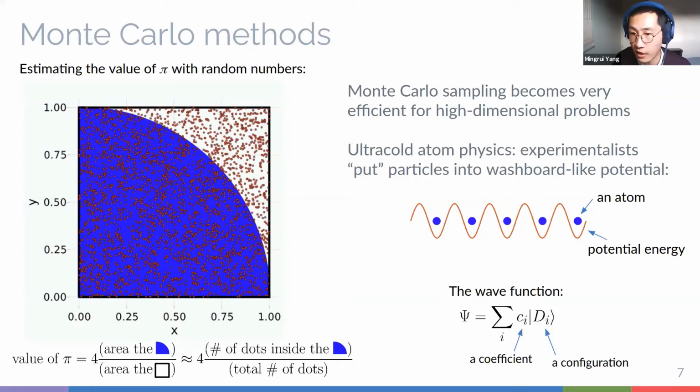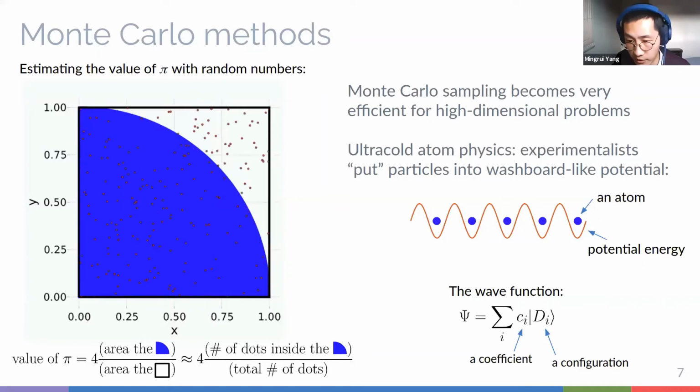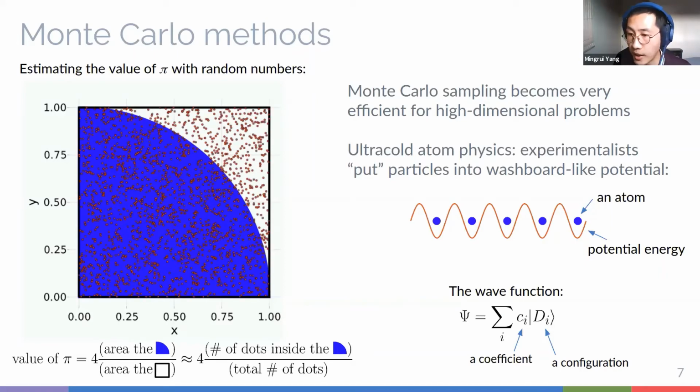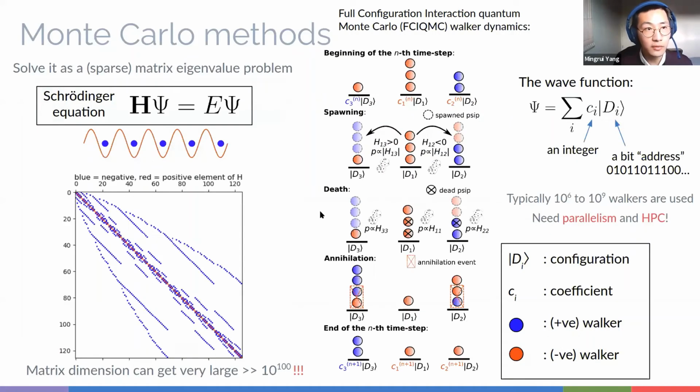However, the atoms follow the laws of quantum mechanics. Once quantum mechanics is involved, things become more tricky. To describe the system, you need a wave function, which is constructed as a superposition of all possible configurations of these atoms, each with a corresponding coefficient. This problem is often solved as a matrix eigenvalue problem.